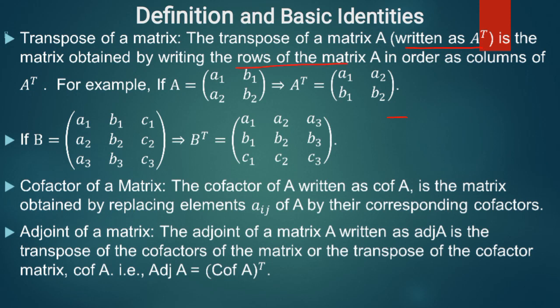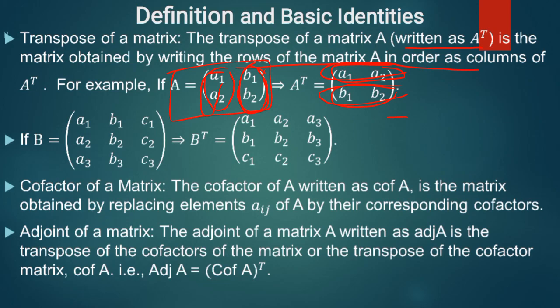Every row will be written as a column. So basically, you're copying this and pasting this way. You see that? Then you copy this and paste this way. So that's just A transpose. Your A is given as this. Your A transpose is copy the A and write it as a row. Copy the B's, which are columns, and write them as rows. And that is your A transpose.